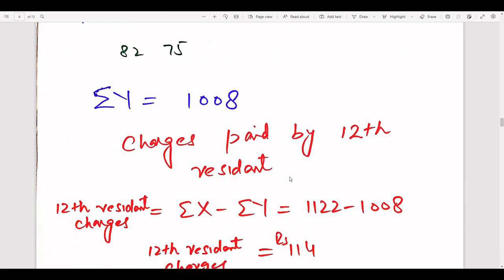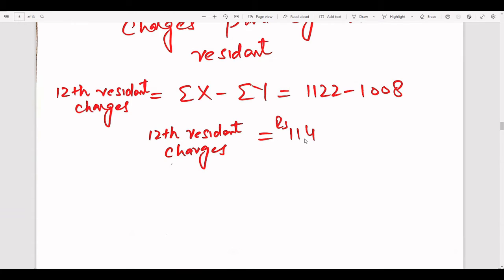So the charges paid by the 12th resident is sum of x minus sum of y, 1122 minus 1008. Sum of x represents the 12 residents and sum of y represents the 11 residents. So the answer is 114. The 12th resident's charge is 114.